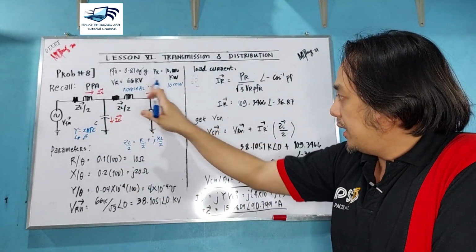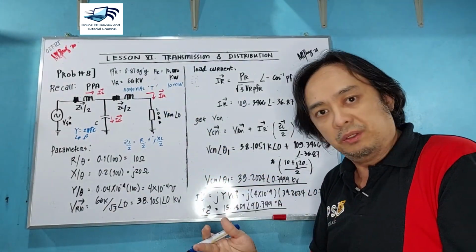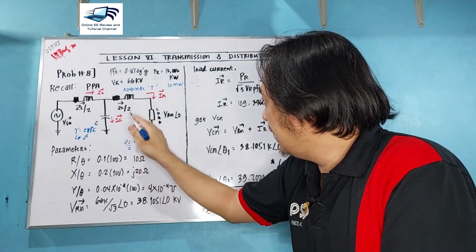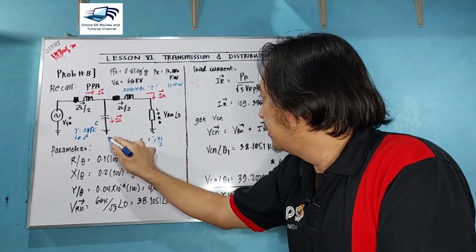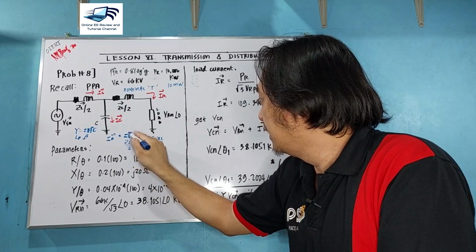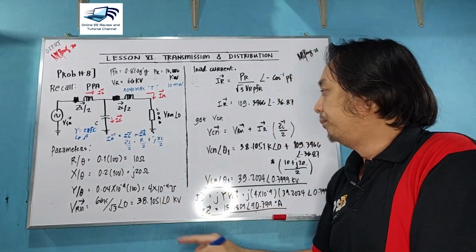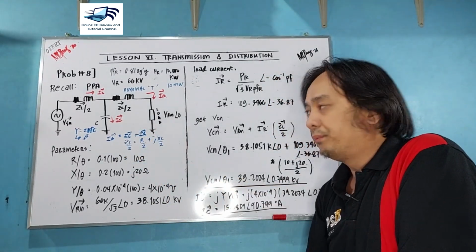You have your currents IS, IR, and IC here. If you use a little bit of KCL, we can have these equations again. Your IS here is simply equal to IC plus your load current, which is IR.